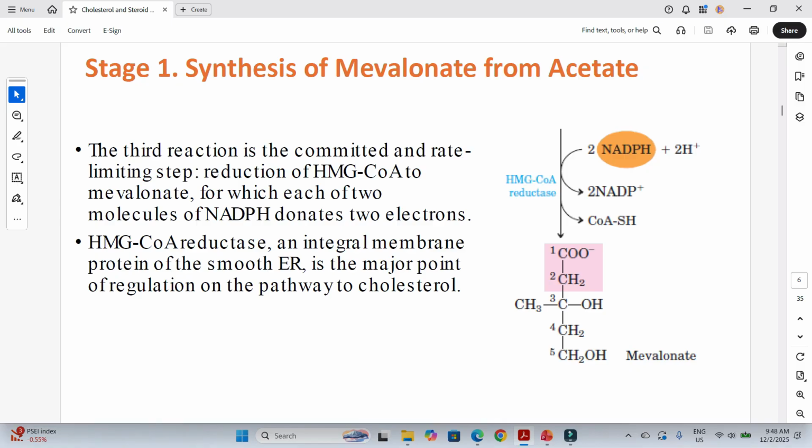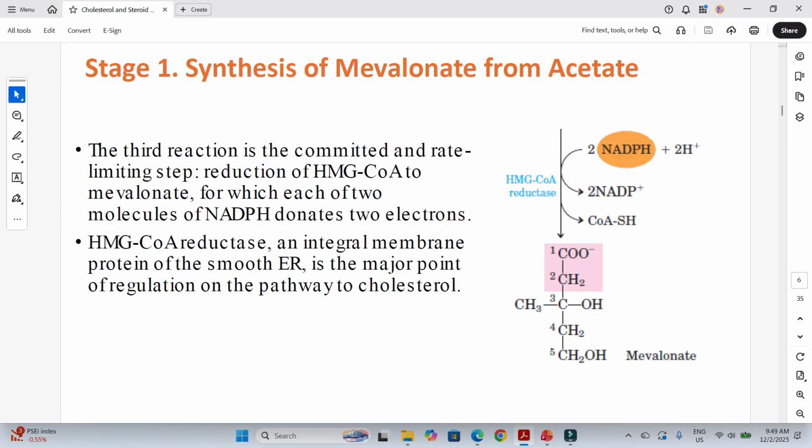That's why many drugs that lower the amount of cholesterol target HMG CoA reductase as the target enzyme, because that's the committed step, the rate determining step in the synthesis of cholesterol.